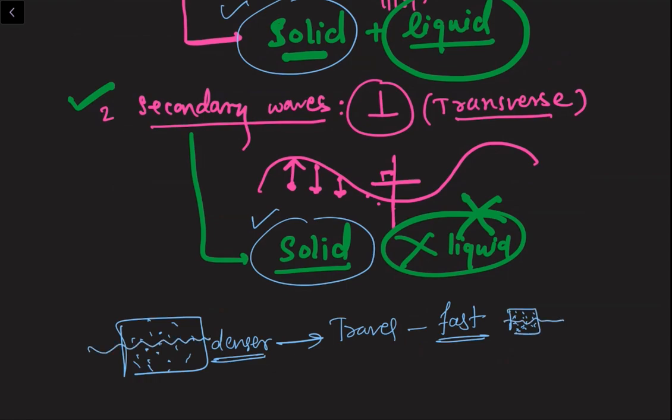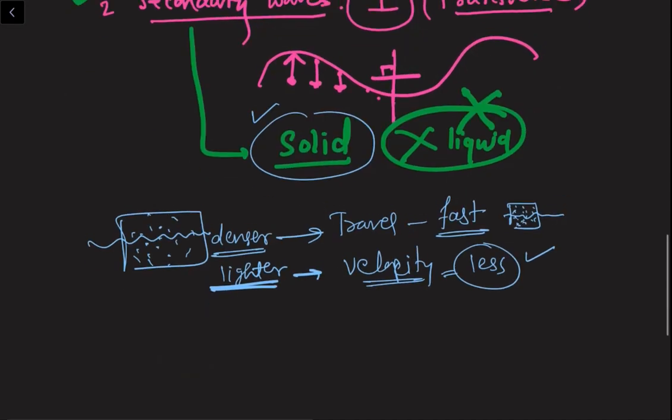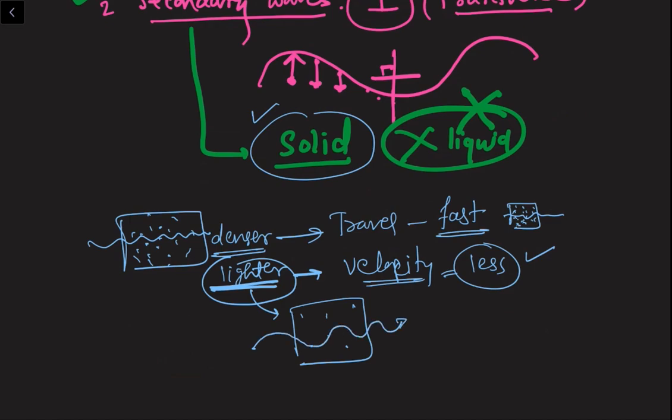And if the material is lighter, that is not as dense, then their velocity will be less, because in the lighter material they are traveling in rarefied material. It's not denser, so their speed reduces. They travel slowly. Now, till here everyone is clear.